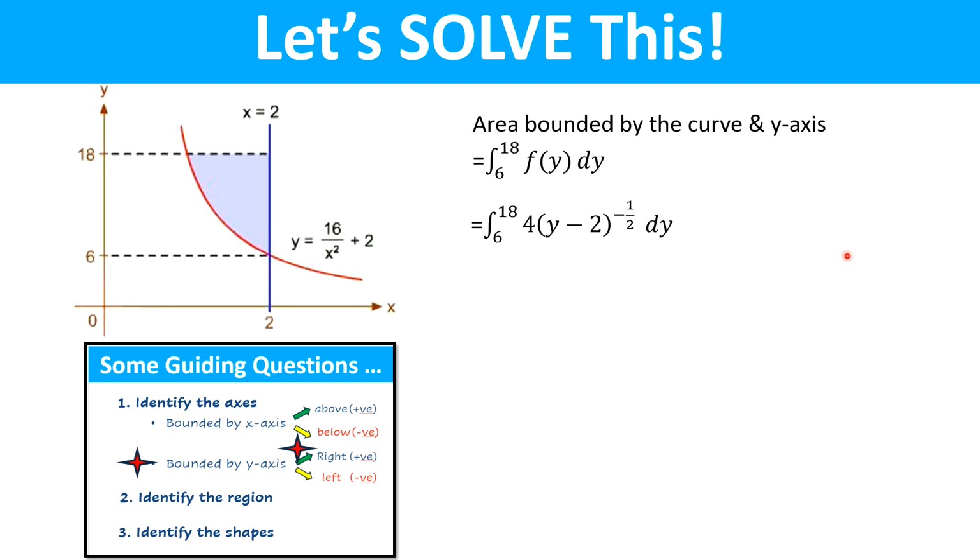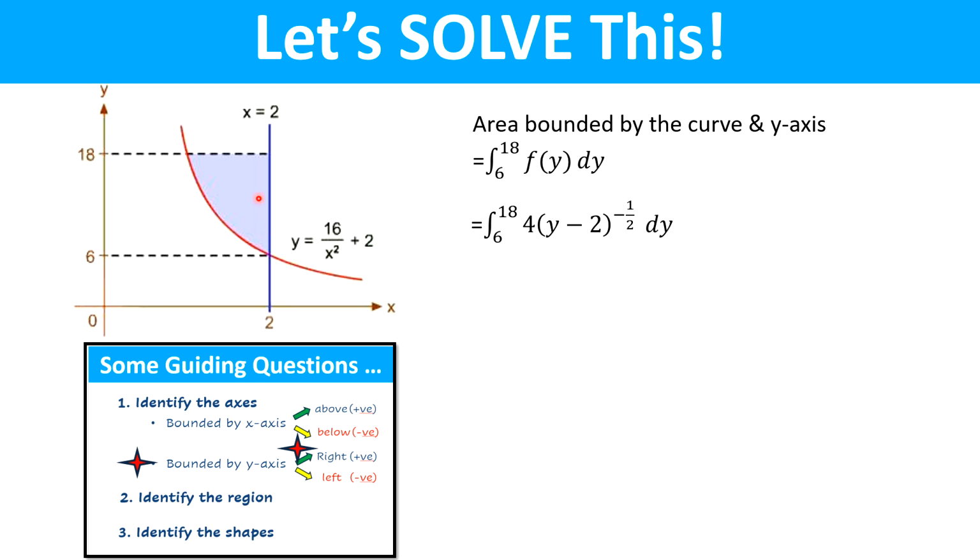So now that we are able to write down the definite integral, let's look at where the region is, which is step number 2. The region here refers to the area bounded by the curve and the y-axis, which is the white region over here. But what we want is to find this shaded area, isn't it?